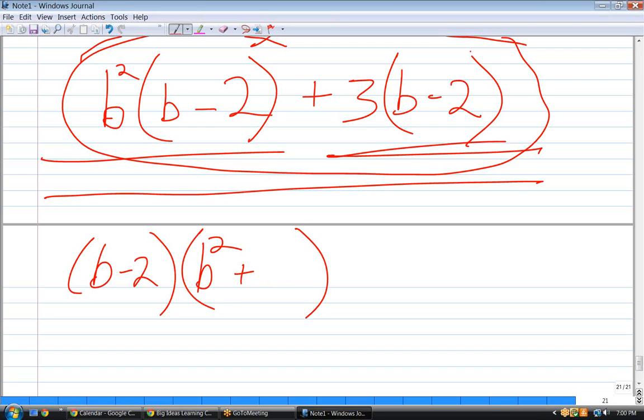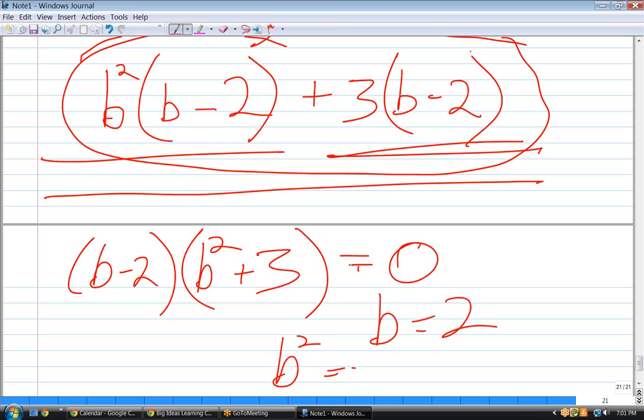When I divide this term by b minus 2, what do I got left? The term on the right. 3. So look at that. I factored it. And now I could actually solve it. If I had this in an equation, my answer is b equals 2 and b squared equals minus 3. And then I could take the square root of both sides to get answers.